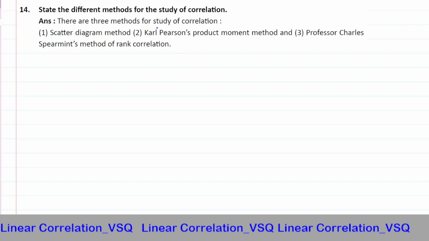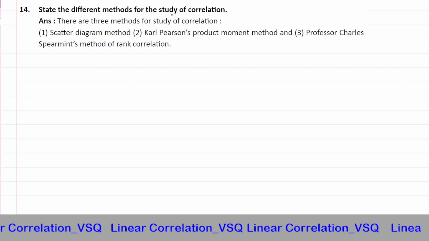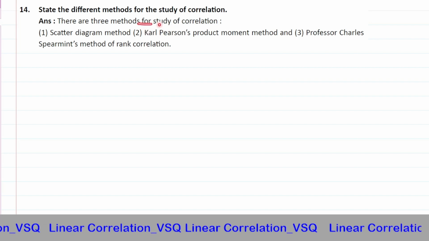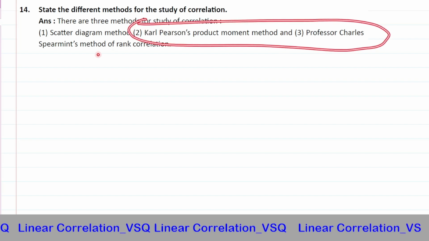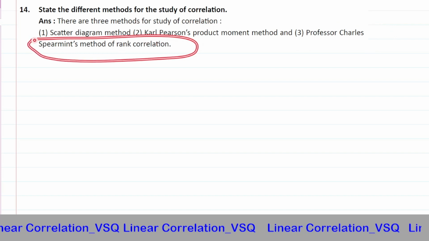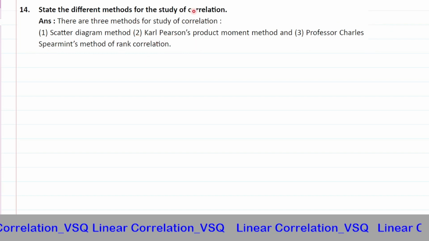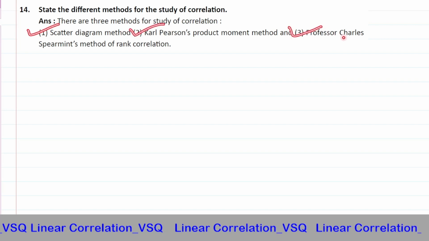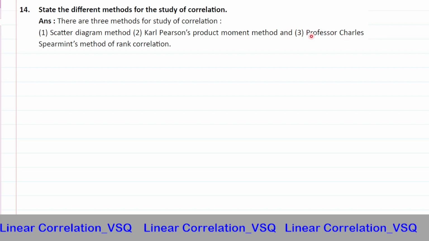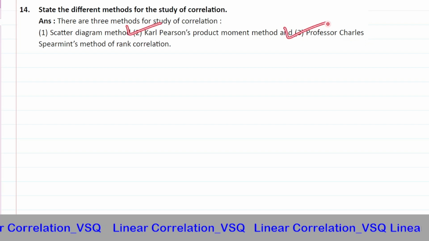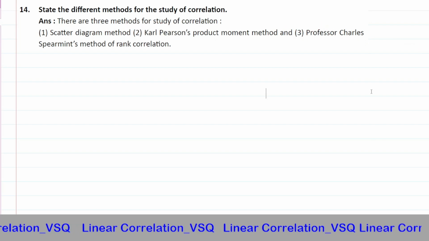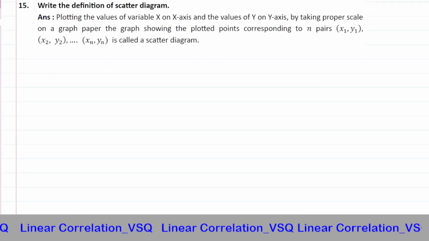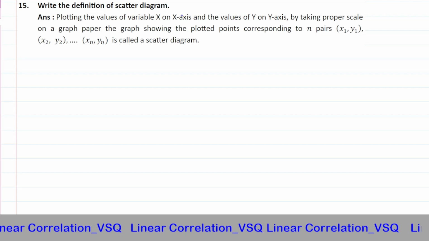But if the question is asking to state the different methods of finding the correlation coefficient, then we have only two options: Karl Pearson's product moment method and rank correlation. So when the methods of studying correlation are asked, we have to write all three methods. But if the question is asking about the correlation coefficient, then we have to write only two methods, Karl Pearson and Spearman's method.